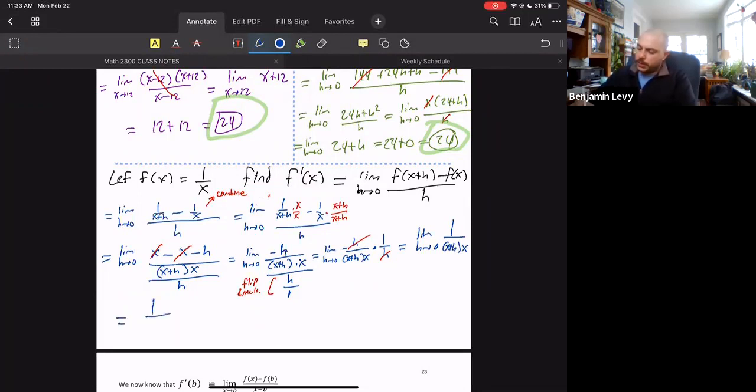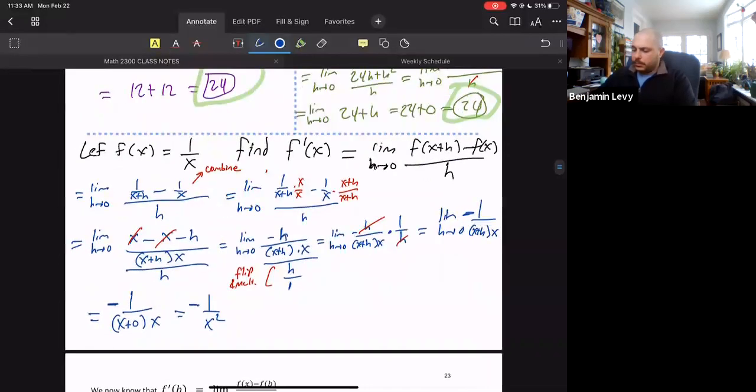Let's go ahead and plug 0 in there and we get x plus 0 times x, which is x squared. Oh, and I forgot the minus sign. So this is our derivative.